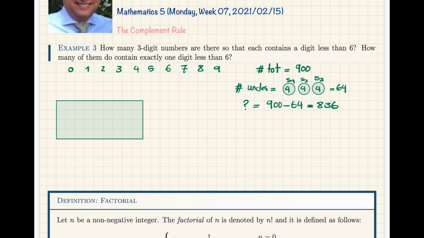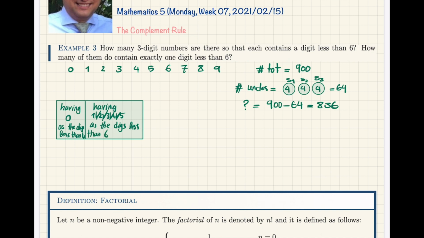I would say that having 0 as the digit less than 6, or having one of these numbers 1, 2, 3, 4, 5 as the digit less than 6.